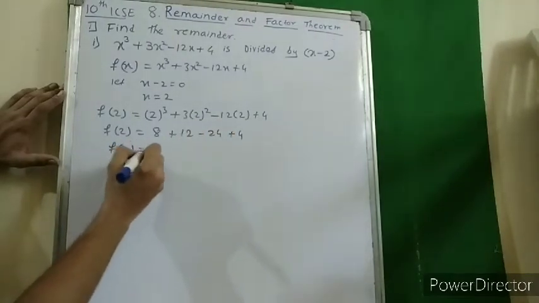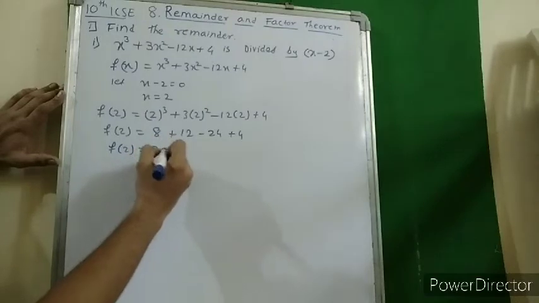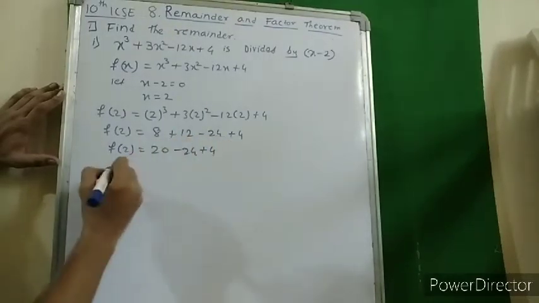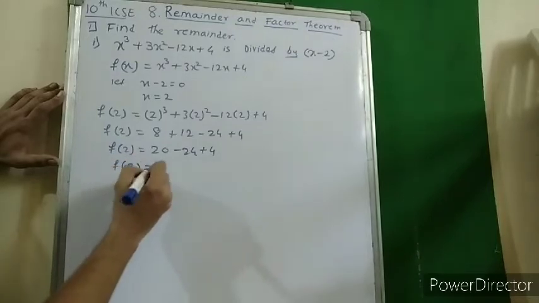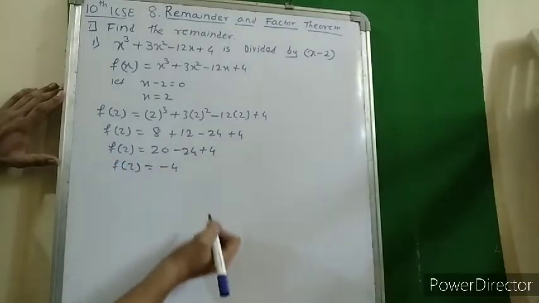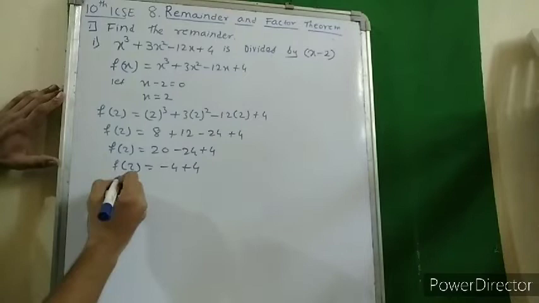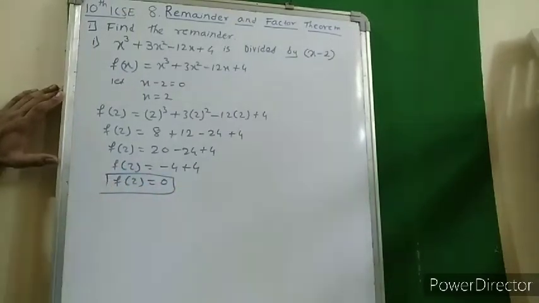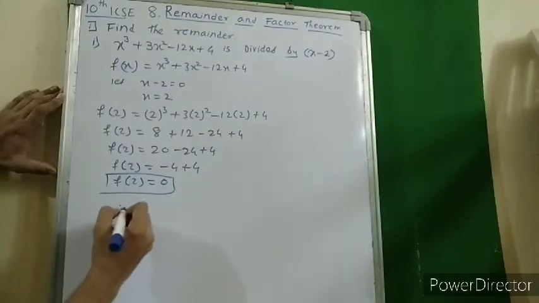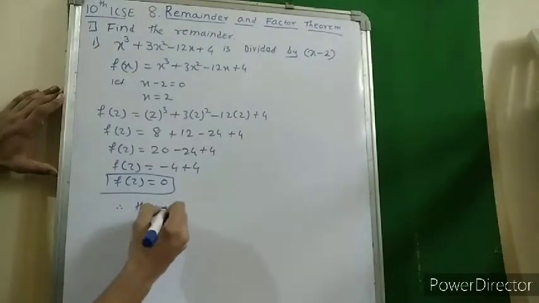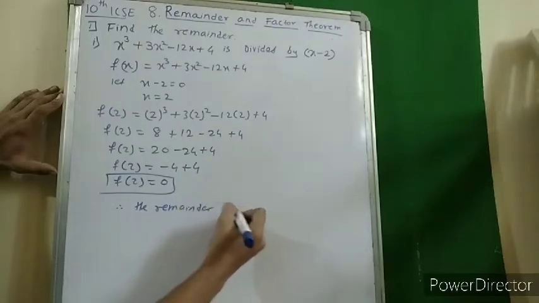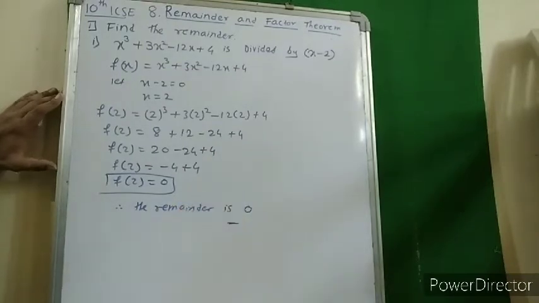So function of 2 is equal to 8 plus 12, it is 20, minus 24 plus 4. 20 minus 24 is minus 4, plus 4. So function of 2 is 0. Therefore the remainder is 0.